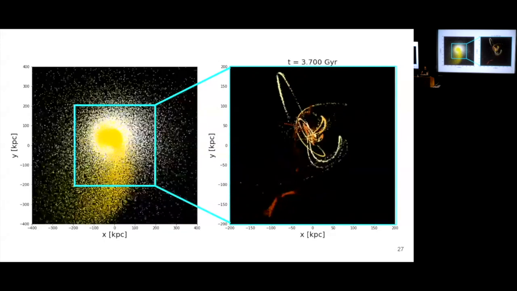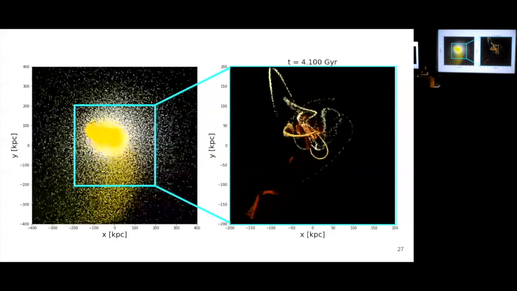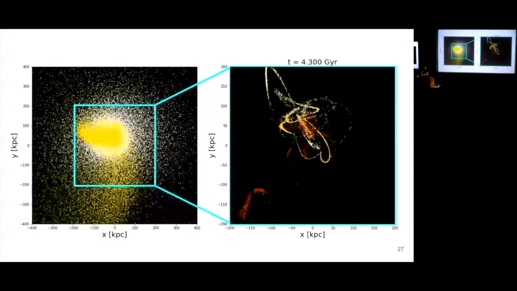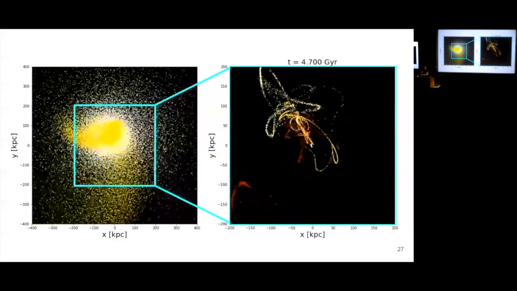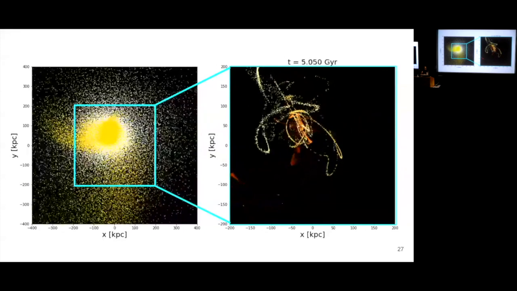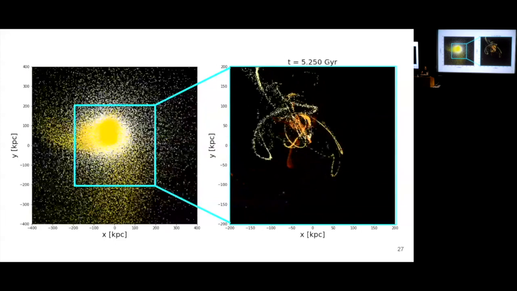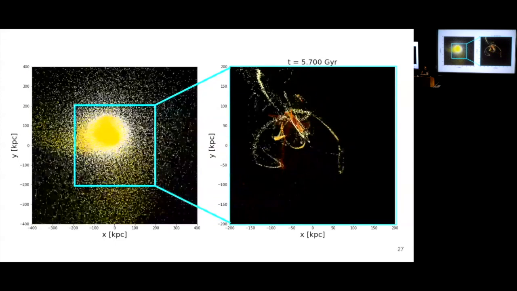And the same for the future: if the LMC merges with the Milky Way, what is left? But also taking that to external galaxies, they have a different merging history than our Milky Way, so how does that affect what we expect to see in their stellar halos?